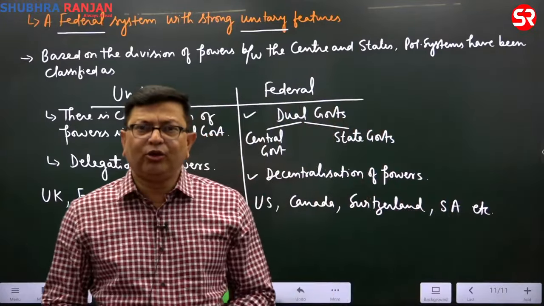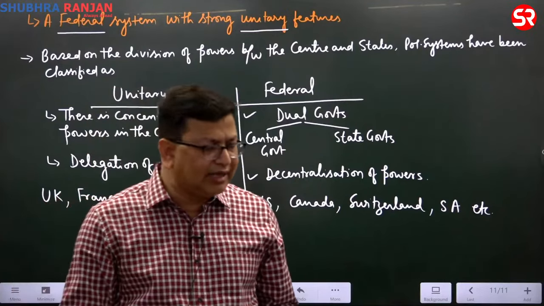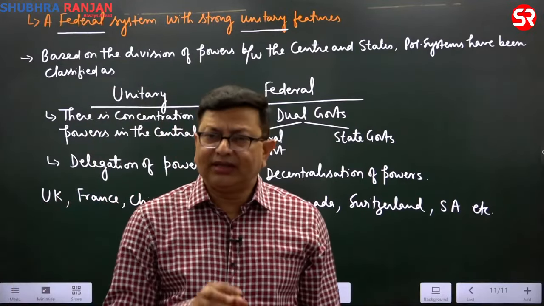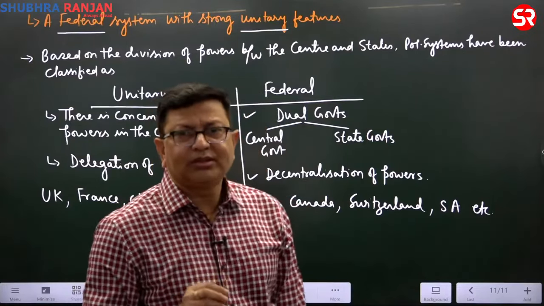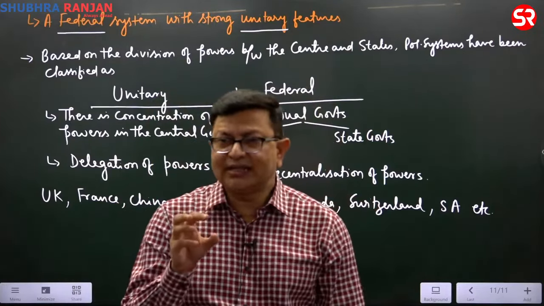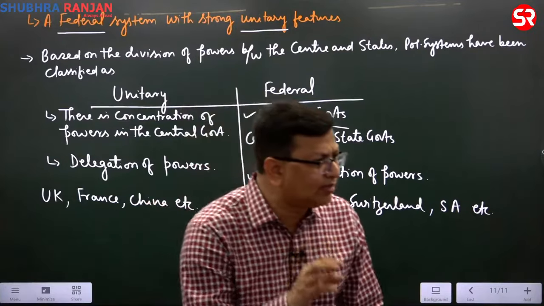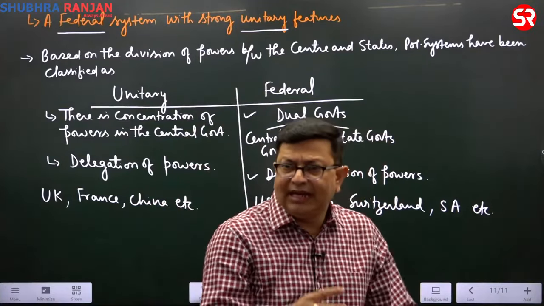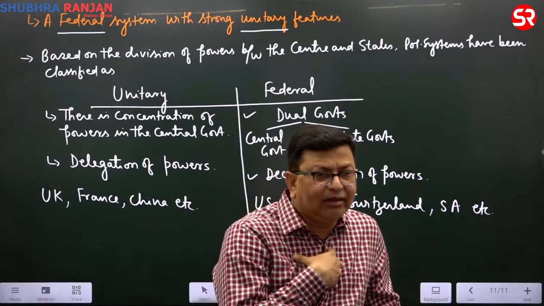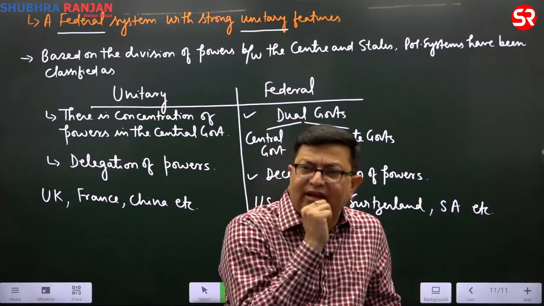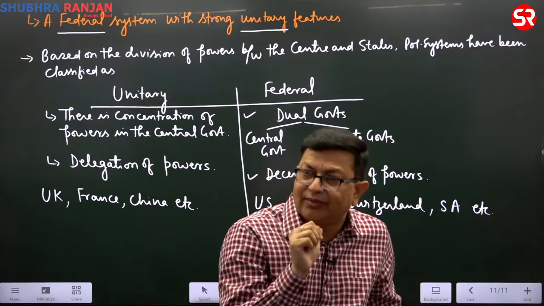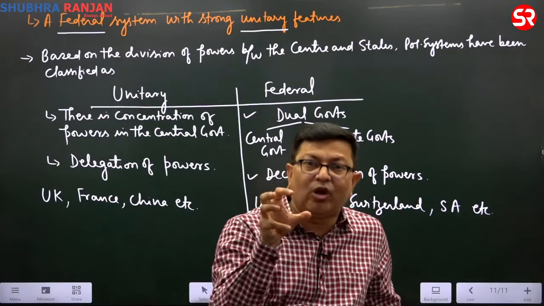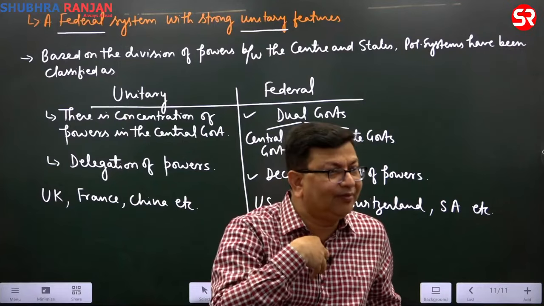Now, those of you who have not understood it, I will tell you with the help of an illustration also. Suppose this class is an example of a unitary system. And if I am the central government and you people are the state government, the unitary system does not mean that there will be no states. The states will be there. But the powers will be concentrated in the central government.